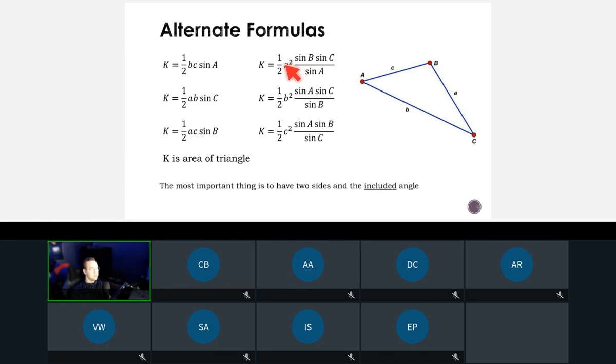This would be length of A, and this would be angle A in the bottom. If you know side B, you would have angle B in the bottom. And if you knew side C, you would have angle C in the bottom. So that's how these formulas work. Any questions before we go on to actually do examples?